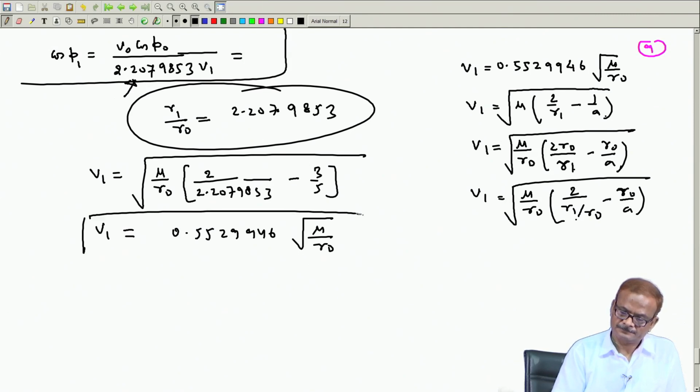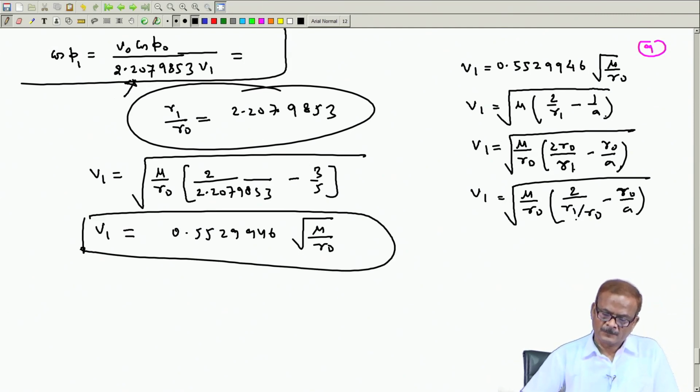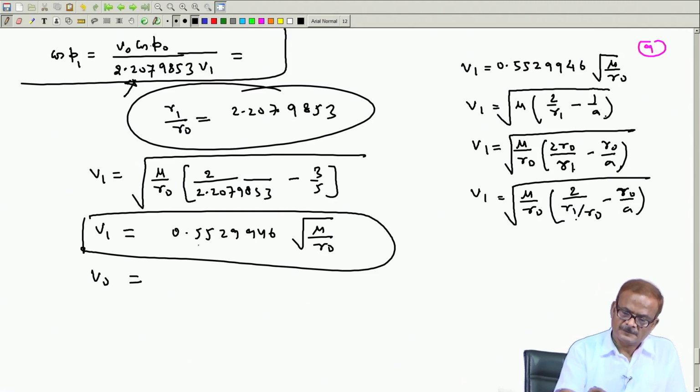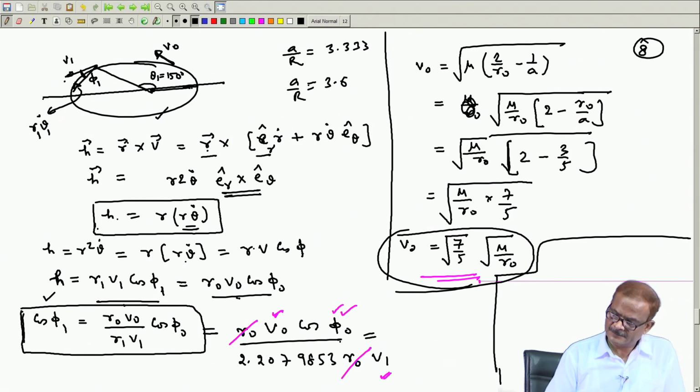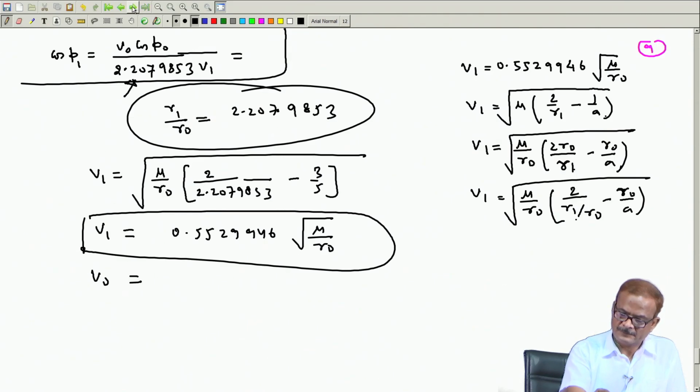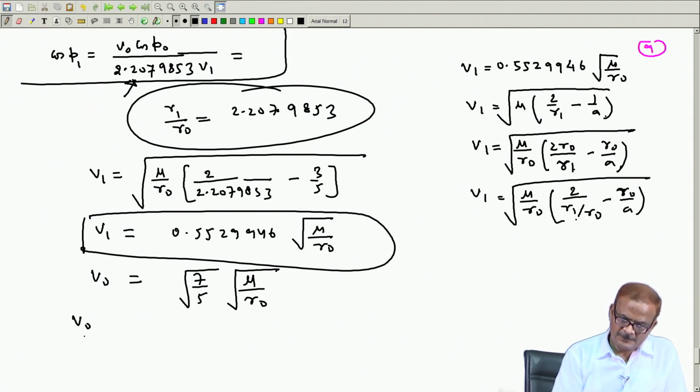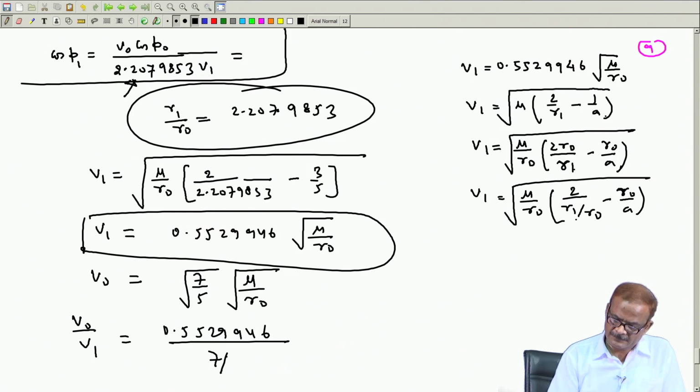This is V 1, and V 0 is also known to us in the same way: V 0 is 7 by 5 under root mu by R 0. So everything is known here. From here, V 0 divided by V 1 becomes 0.5529946 divided by under root 7 by 5. The mu by R 0 terms on both sides cancel out.